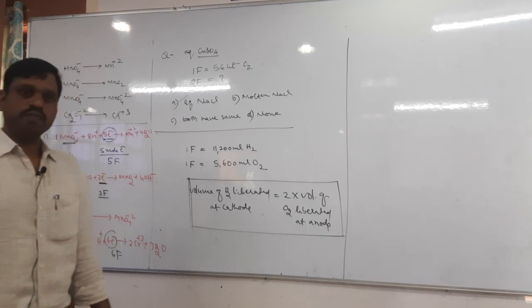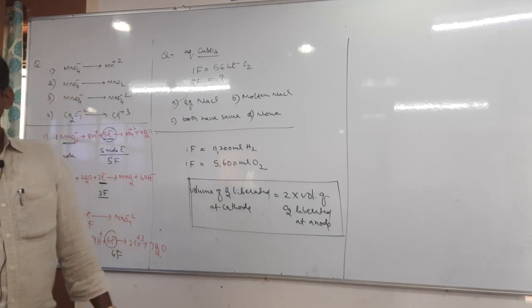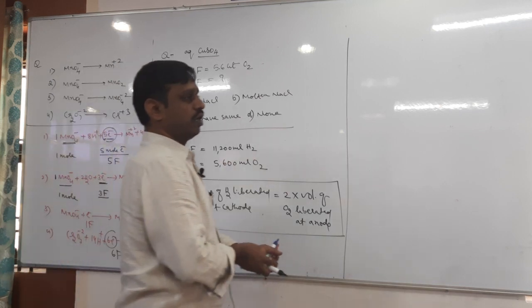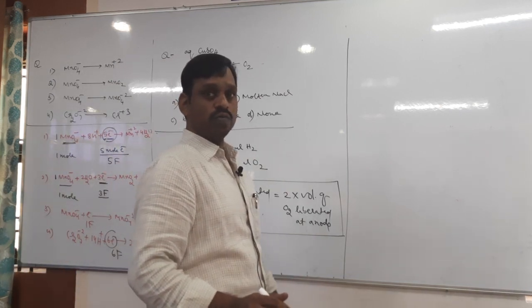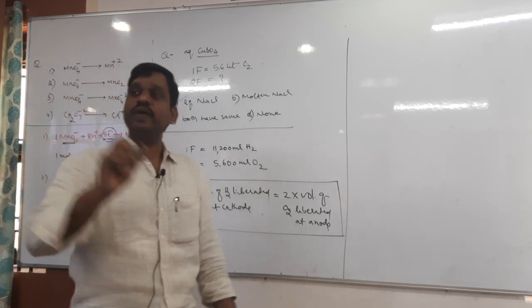So how many coulombs of electric current are required to deposit 3 grams of magnesium?